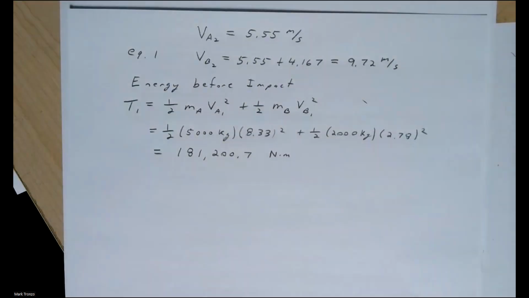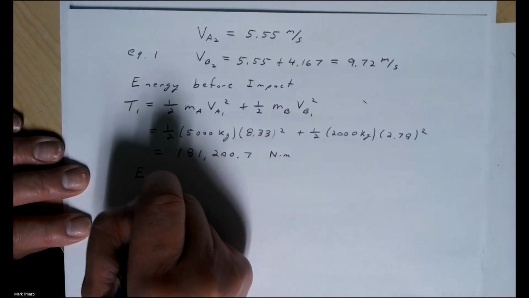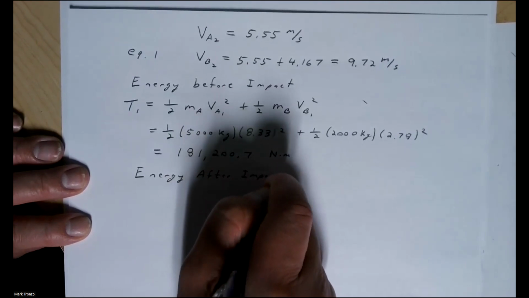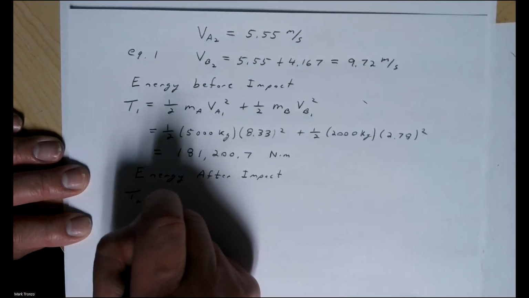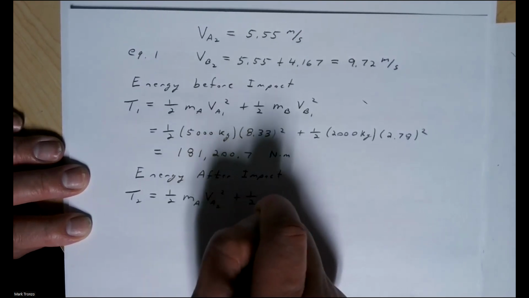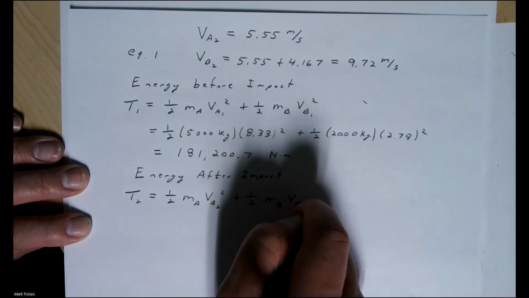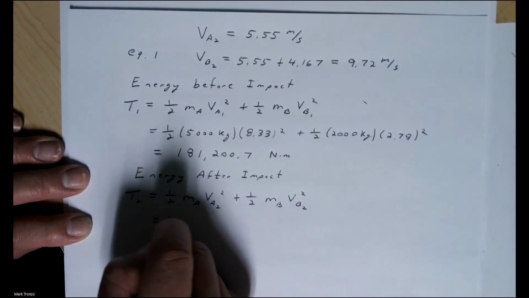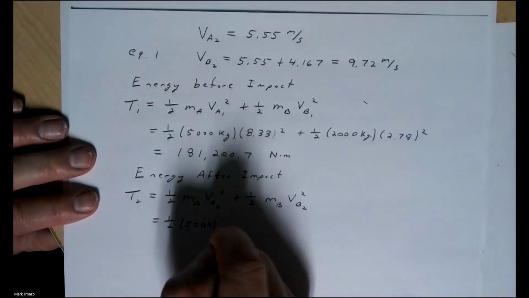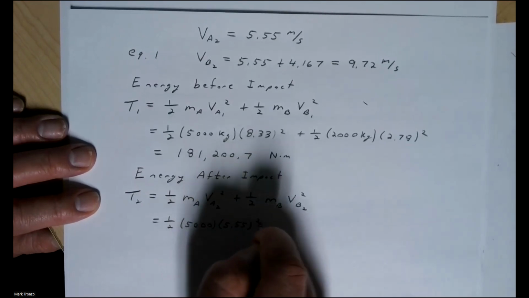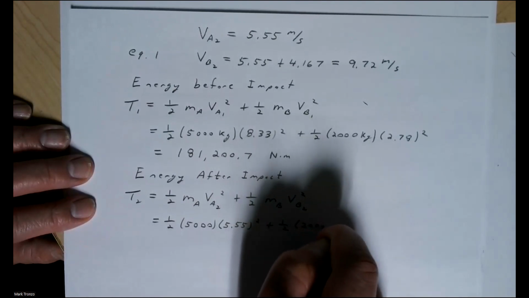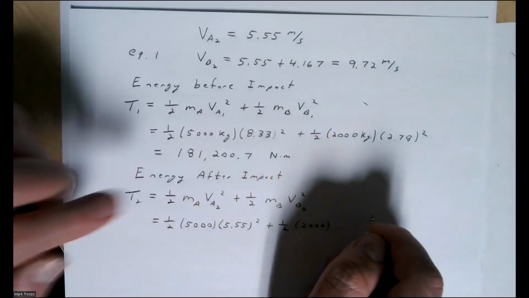And energy after impact: one half MA VA2 squared plus 1/2 MB VB2 squared. 1/2 times 5,000, this time after the impact, is 5.55, and this is 2,000, and again, the velocity 9.72.